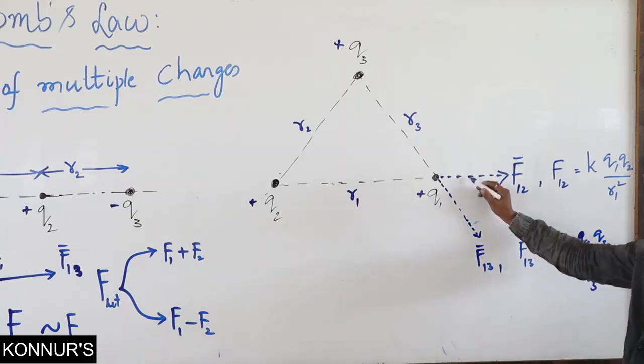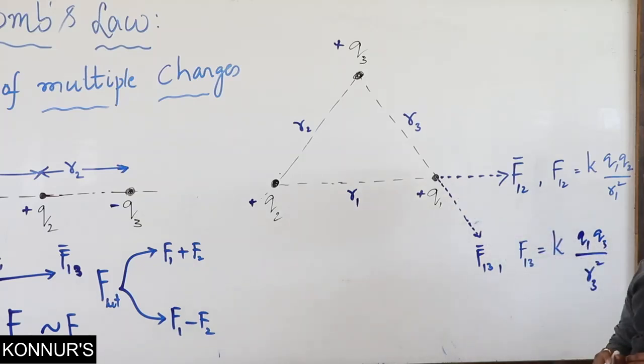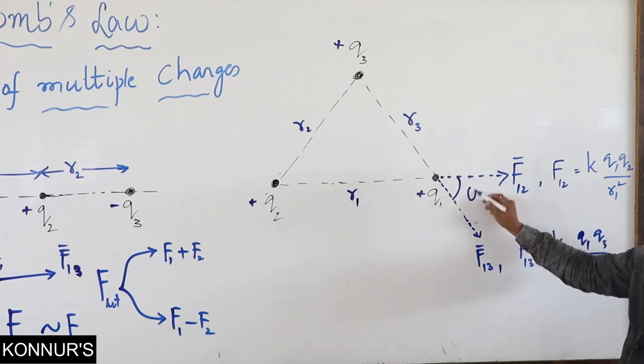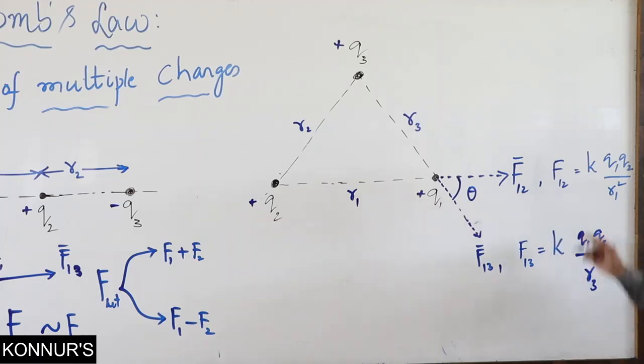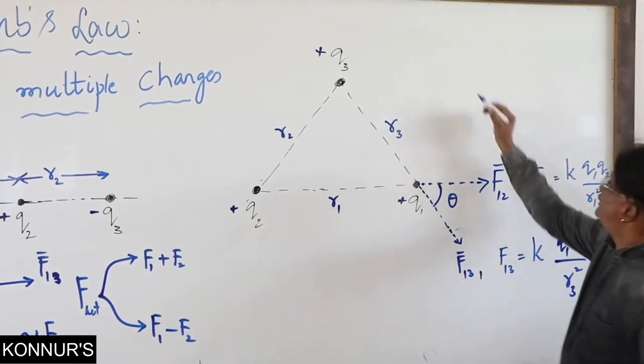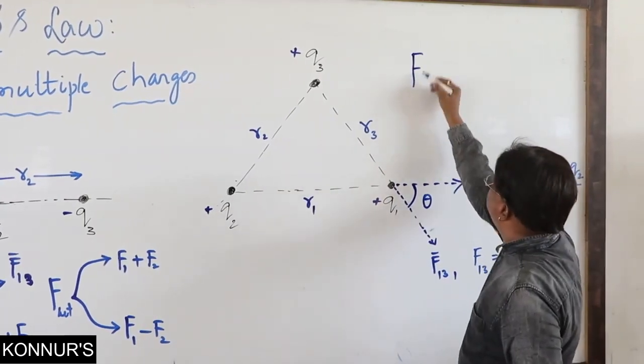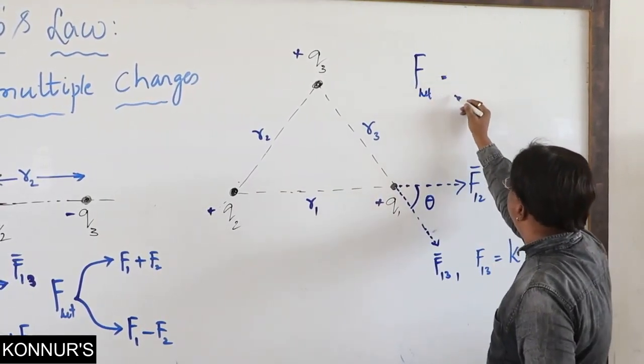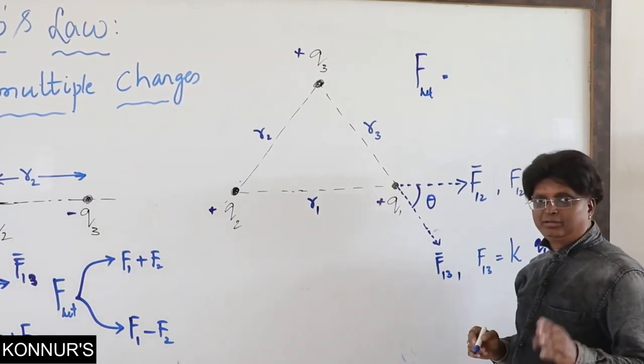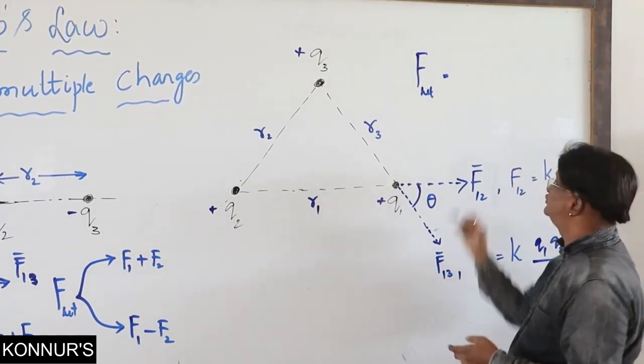Now these two vectors are not collinear. There is some angle between them. This angle I will take as theta. Now I know two magnitudes and the angle between them. Therefore, what will be the net force? Yes, our famous parallelogram law, and we get this parallelogram or triangle. The resultant is always given by this equation.